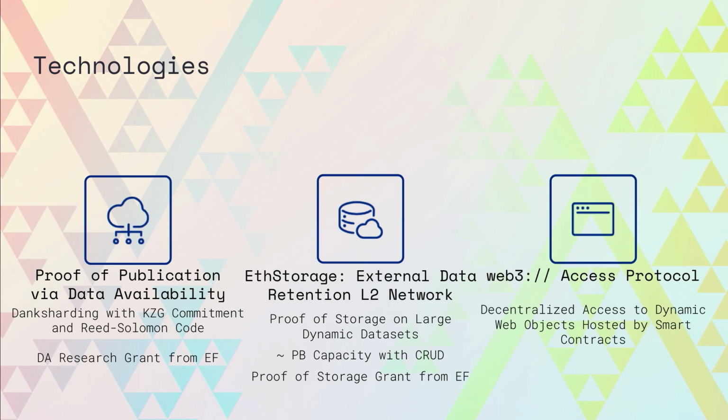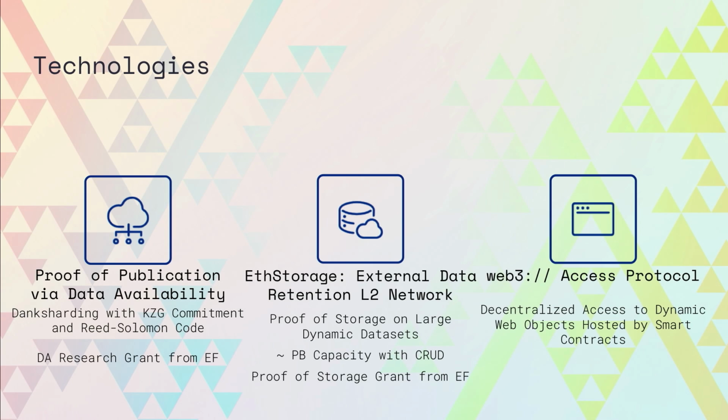This is basically the data availability problem that Ethereum is solving, especially by danksharding. Danksharding will increase the data throughput to roughly 20 times versus the current Ethereum, which will greatly solve this data availability problem or proof of publication problem, and we have a research grant from Ethereum Foundation working in this area.